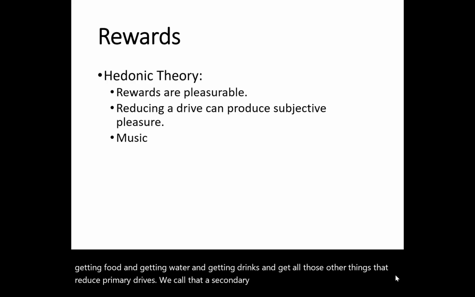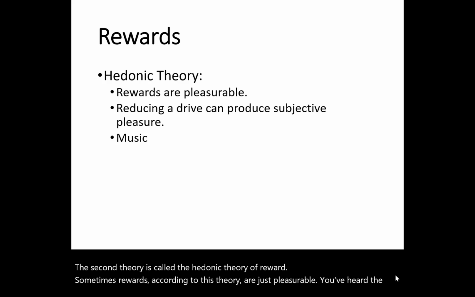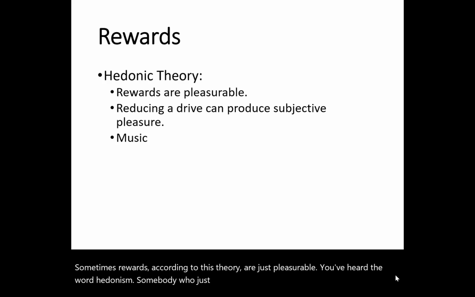Same idea. The second theory is called the hedonic theory of reward. Sometimes rewards, according to this theory, are just pleasurable. You've heard of the word hedonism, somebody who just seeks pleasure. Hedonism is the idea of pleasure, hedonic pleasure.